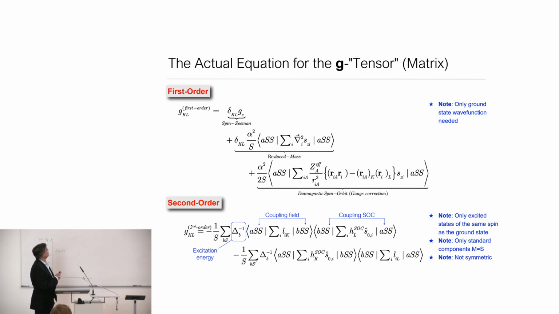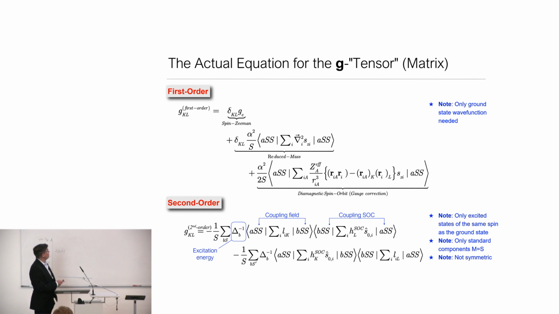And for example, here for the G tensor, that is the expression for the first order terms. It starts with the free electron G value. That is the first term that you get out of the relativistic treatment. Then you get the first relativistic correction, a correction for the reduced mass.